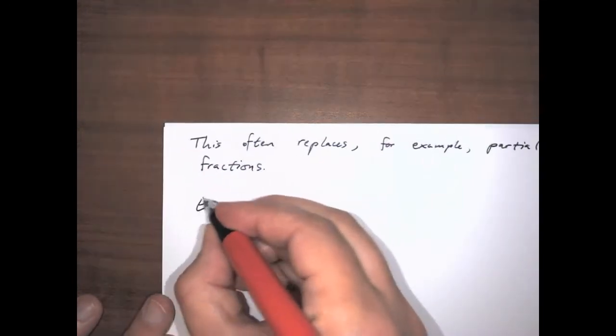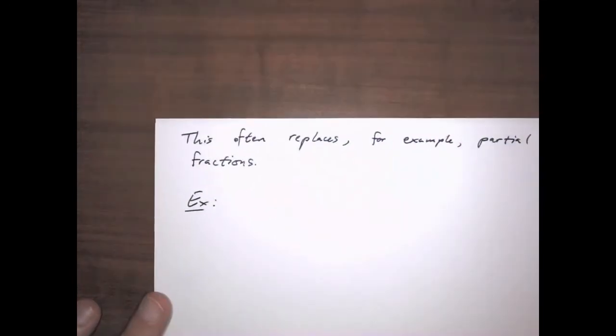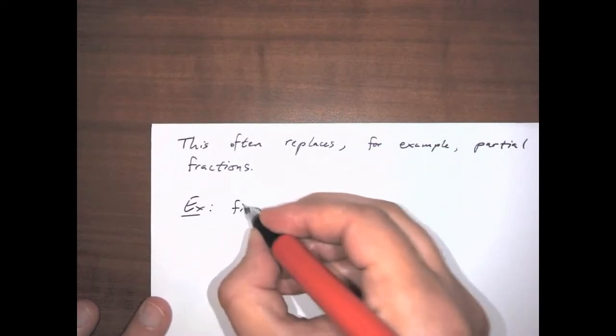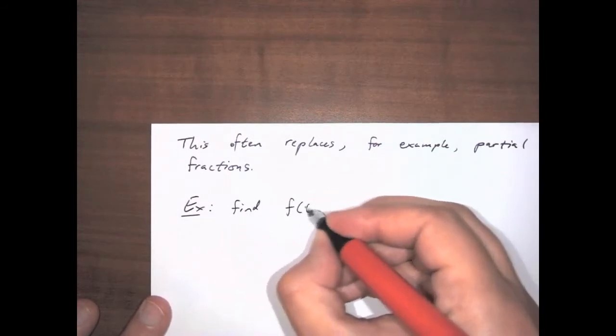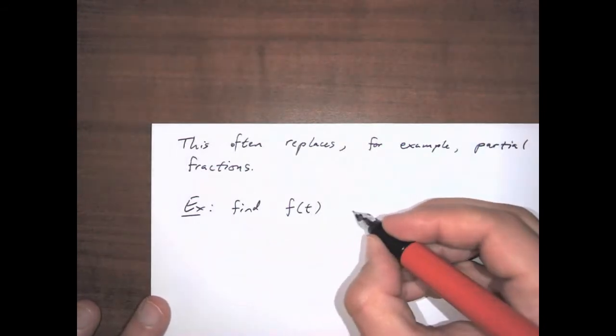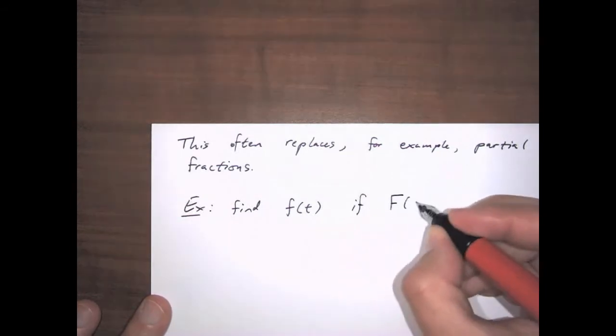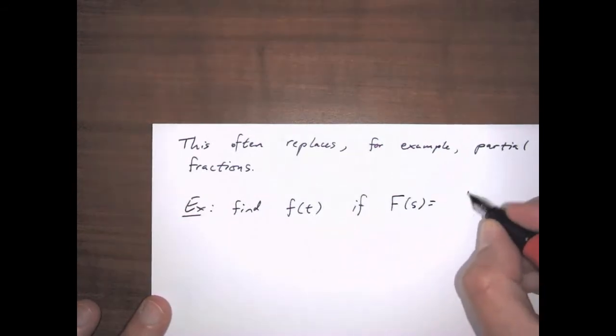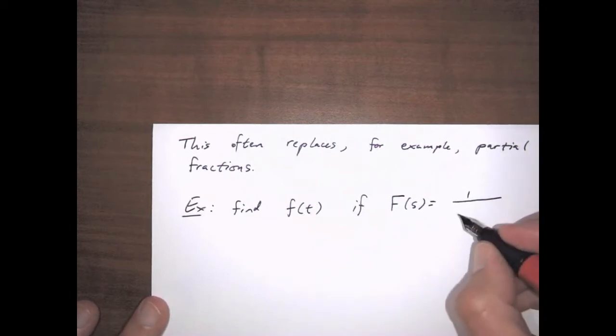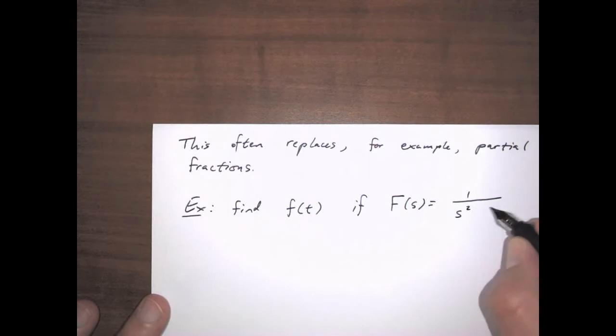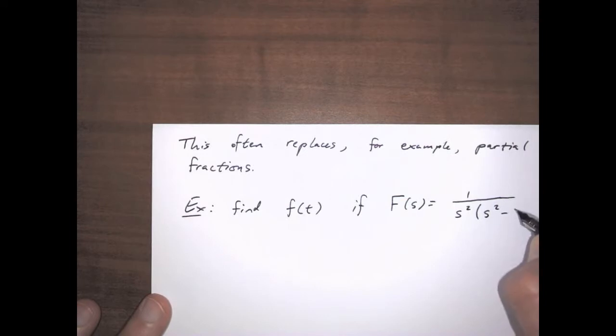Now an example of something like this might be, suppose we wanted to find the regular function whose Laplace transform was this. So if F of s is equal to, let's say, 1 over s squared times s squared minus 1, actually make it s squared plus 1.